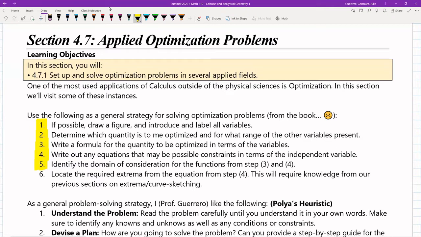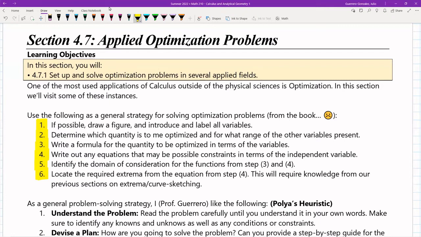And step 6 is what's going to use the stuff that we learned from sections 4.3, 4.4, 4.5. We are going to try to find required extrema, whether it be maximums or minimums. Once we do 1 through 5, step 6 is basically finding the extrema, finding whether you have a maximum or a minimum and what it is.